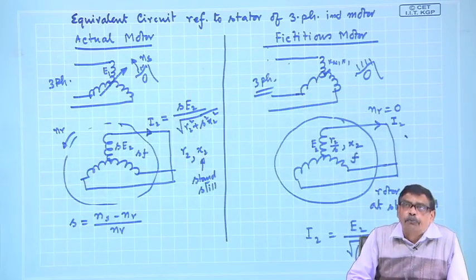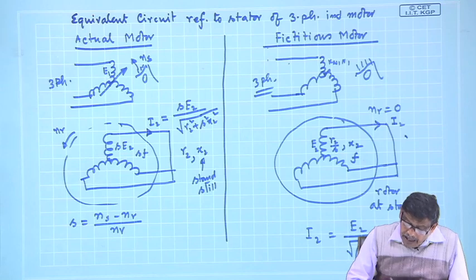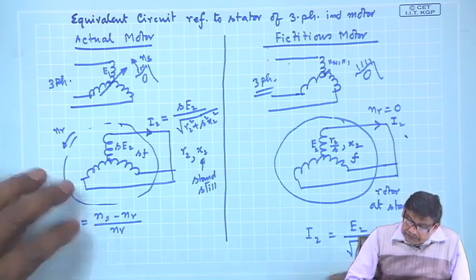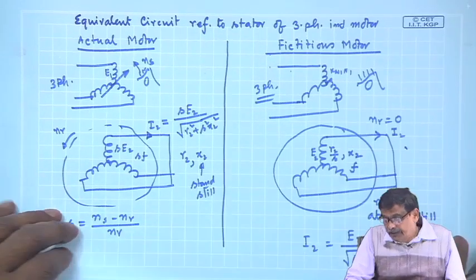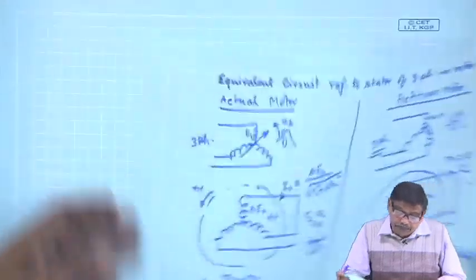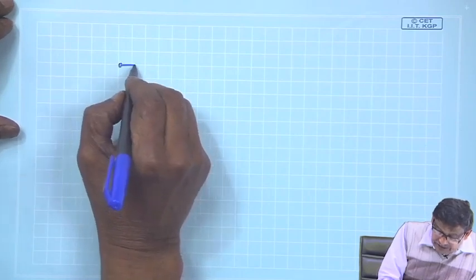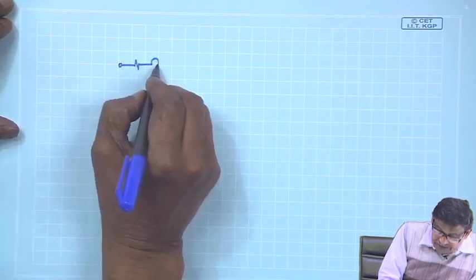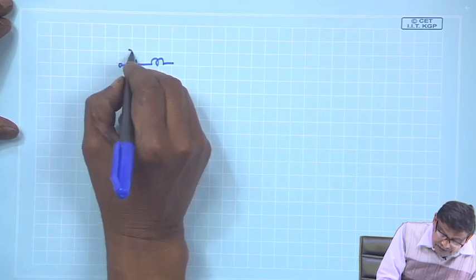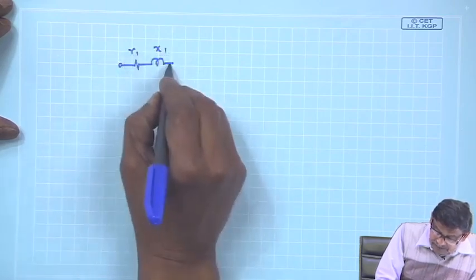That is the moot point. And if that be the case, then we can say the equivalent circuit of the transformer can be like this.